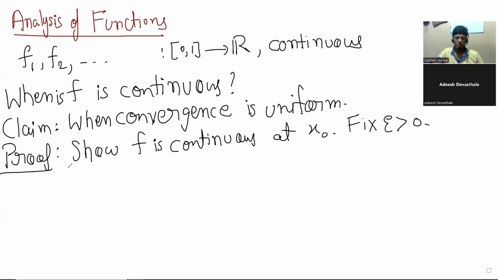I want to find a delta greater than 0 so that |f(x) minus f(x naught)| is less than epsilon, just the definition.